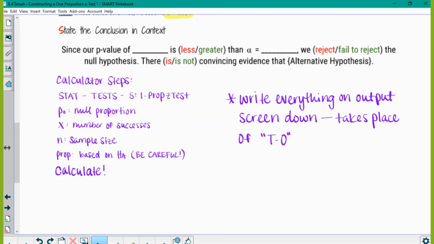And again, this is one of those topics where the AP exam will let you do this in your calculator. They will let you use it. It's just going to take the place of the portion that I'll kind of point out in phantoms. It'll take the place of T and O.